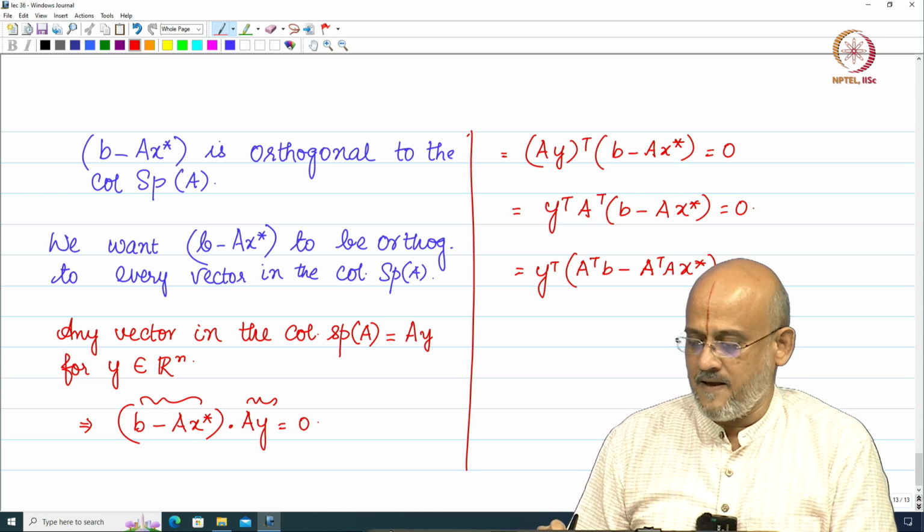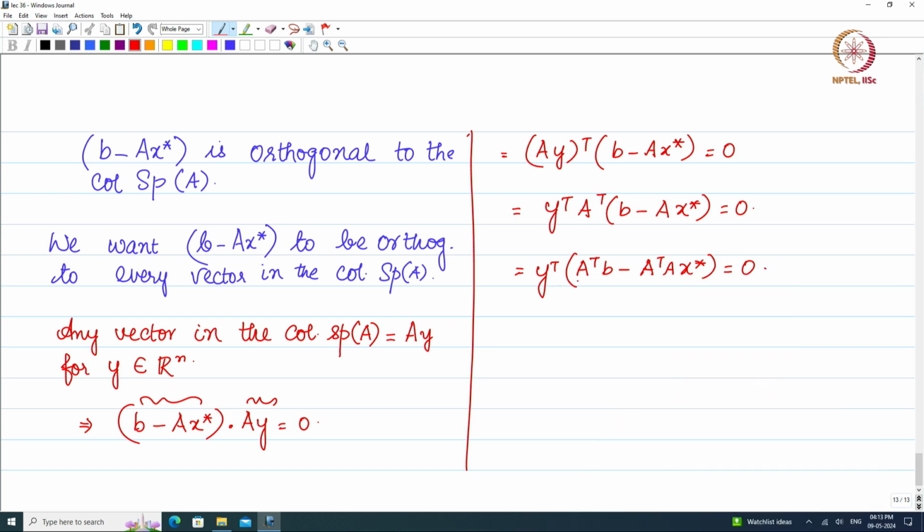Now there are two things that happen here. Y is a vector, and A transpose B minus A transpose A X star is another vector. So the dot product of these two vectors is 0. Definitely Y is not the 0 vector, for the simple reason that we are looking at all possible Y. Y can be any vector in Rn, so AY will be in the column space of A. So the Y vector cannot be the 0 vector.